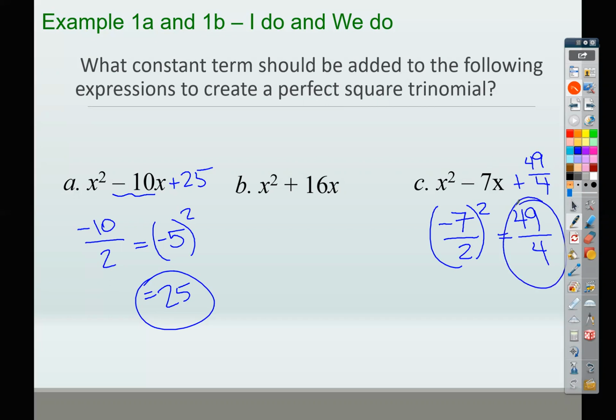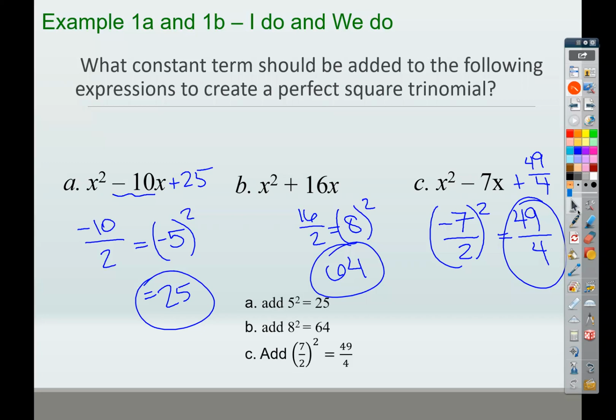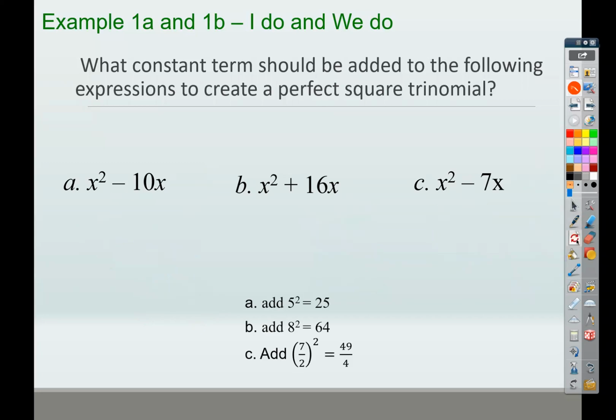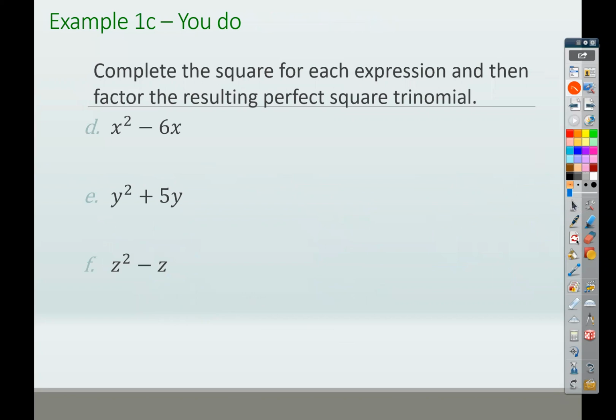Now that you've seen one of each, let's try the middle one. 16 divided by 2 is 8, and then you square it and you get 64. So you try these. Go ahead.